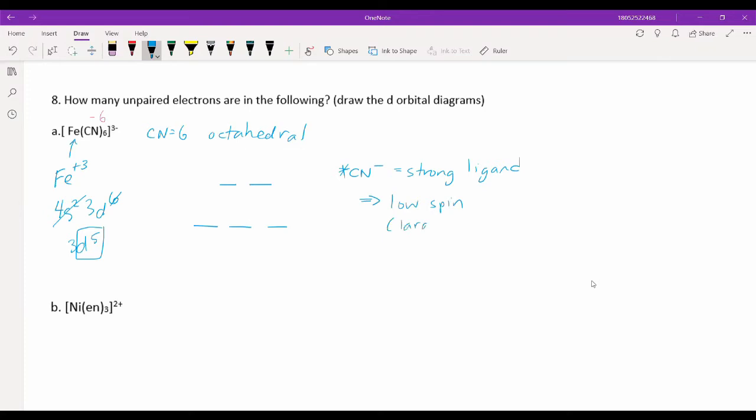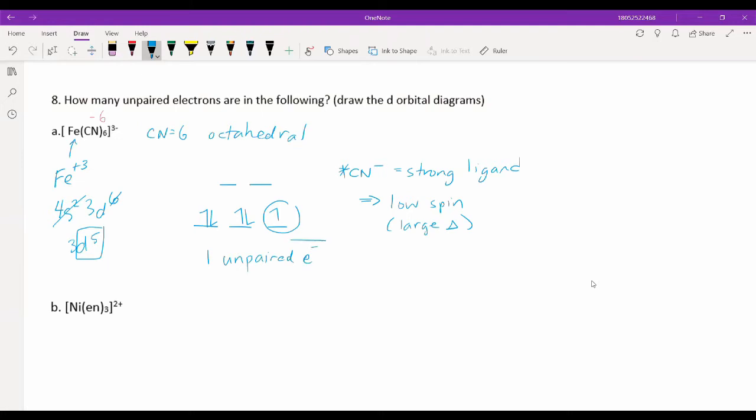So these terms kind of go together: low spin, large delta. So when we fill in the 5 electrons, 1, 2, 3, instead of the 4th and 5th going up to the higher energy levels, they're going to pair down here. So what we're going to end up with is just this one unpaired electron.